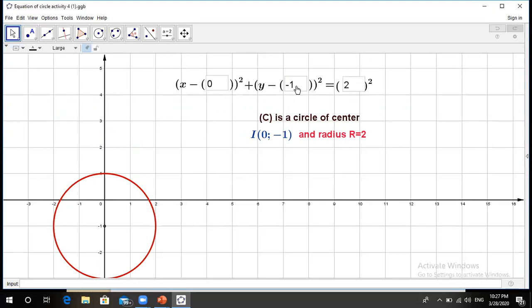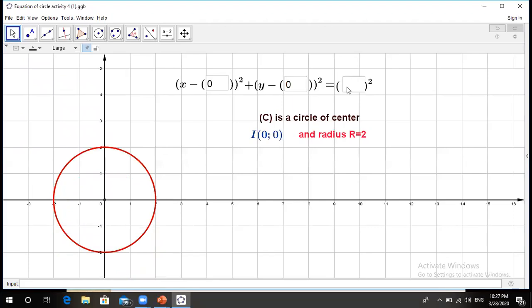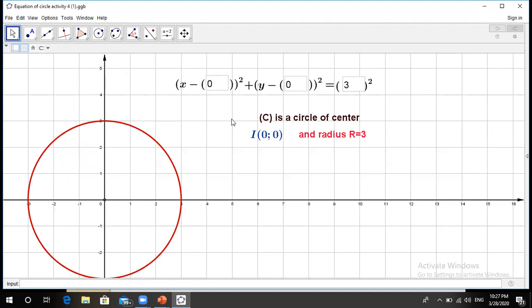Another example, if we put y also 0 and we change the radius to 3, then the circle will have the equation x squared plus y squared equals 9. So that's the equation of this particular circle that you can see here in the coordinate plane, whose center is (0, 0) and whose radius is 3.